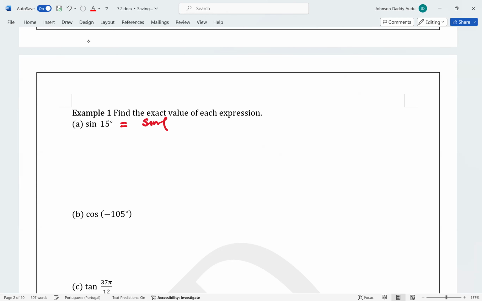We can write this as sine of 45 degrees minus 30 degrees, and expand it as sine 45 degrees cosine 30 degrees minus cosine 45 degrees sine 30 degrees, because we have used the fact that sine of alpha minus beta is sine alpha cosine beta minus cosine alpha sine beta.